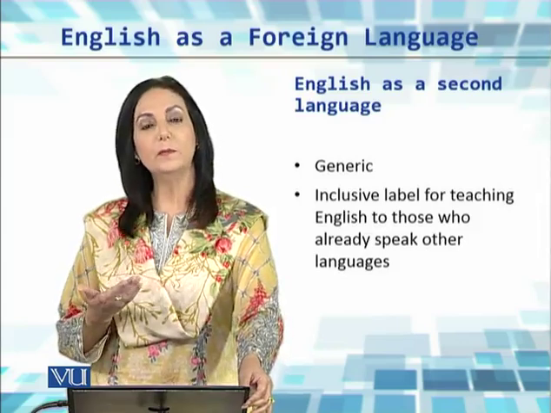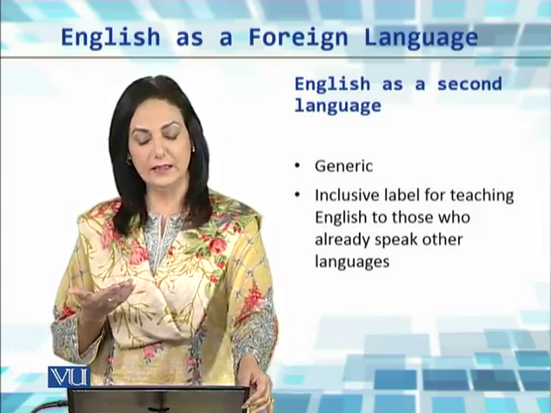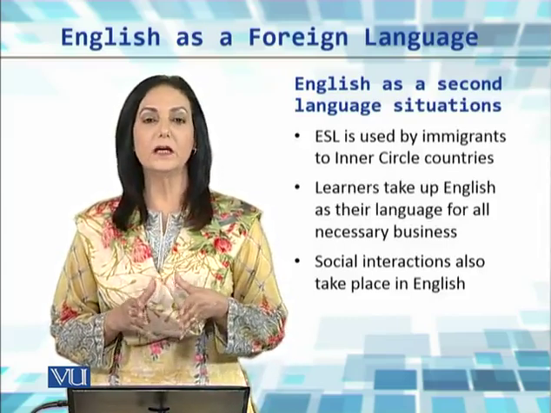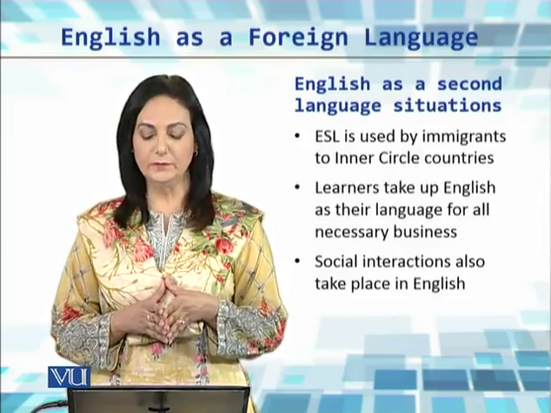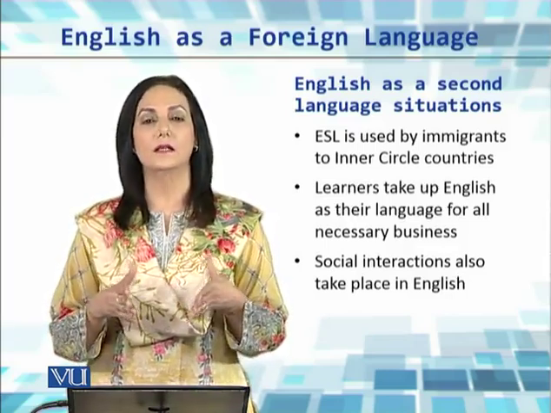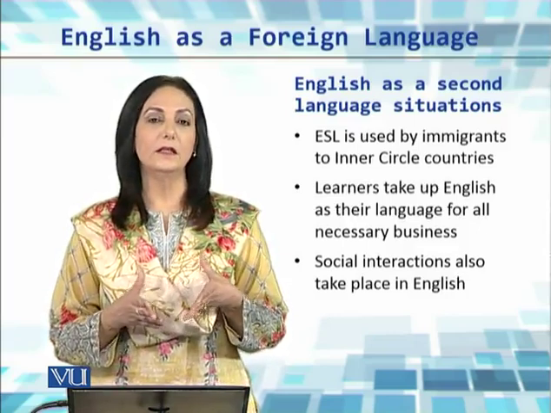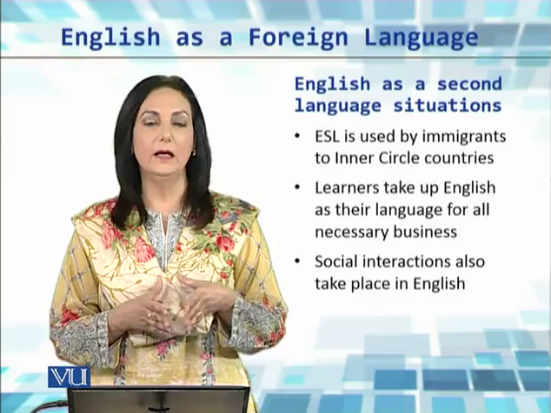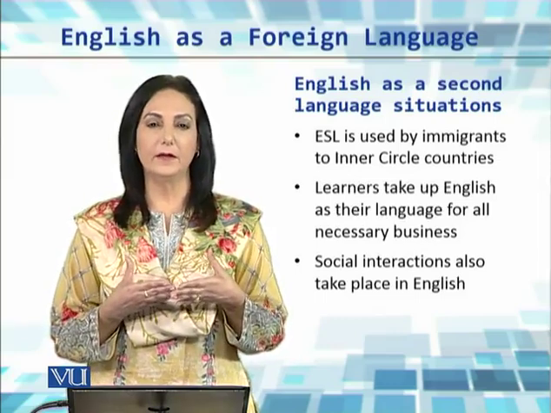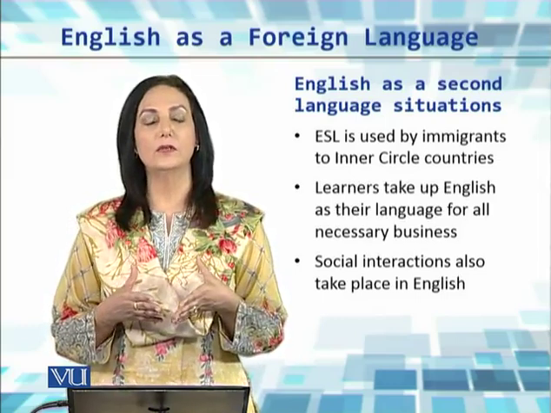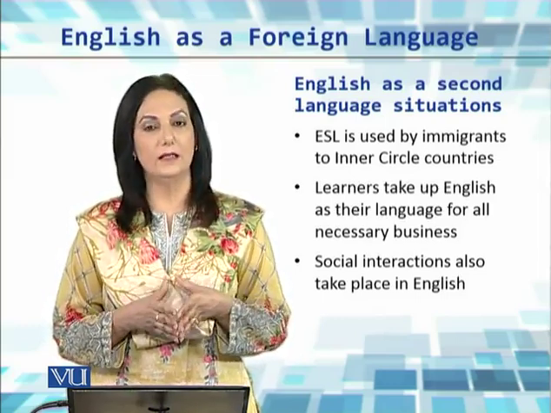So what do we mean by learning English as a second language? To start with, this term was used for the learning of English by immigrants to inner circle countries. And inner circle countries, if you remember, include countries like America, England, New Zealand, Australia, all the countries where English is used as a native language.